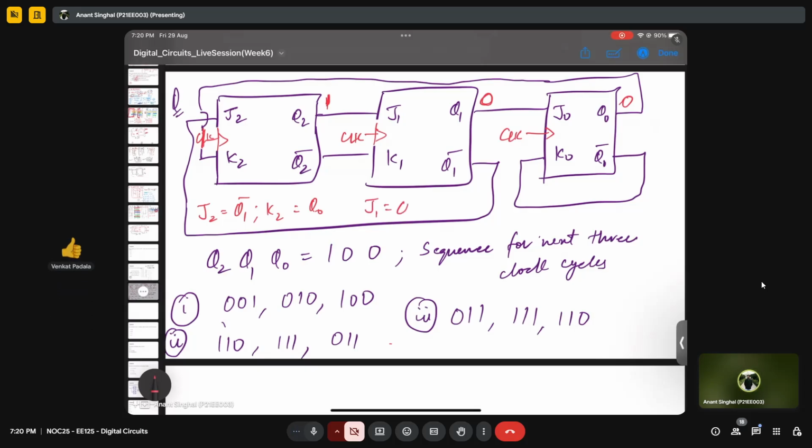So J1 is Q2, similarly K1 is Q2 bar. Here J0 is Q1, sorry, K0 is Q1 bar, not Q1, Q0 bar, sorry. So now using this, we can easily get the next state.